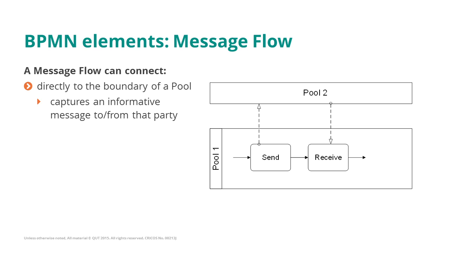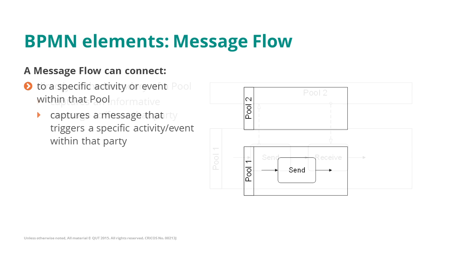In this case, we are using the message flow to capture informative message between the two parties, whereby we do not represent specifically the content of the second pool in this example. The second pool is collapsed, so it is not relevant to the reader to understand the inner workings of this business process from the point of view of that particular business party.